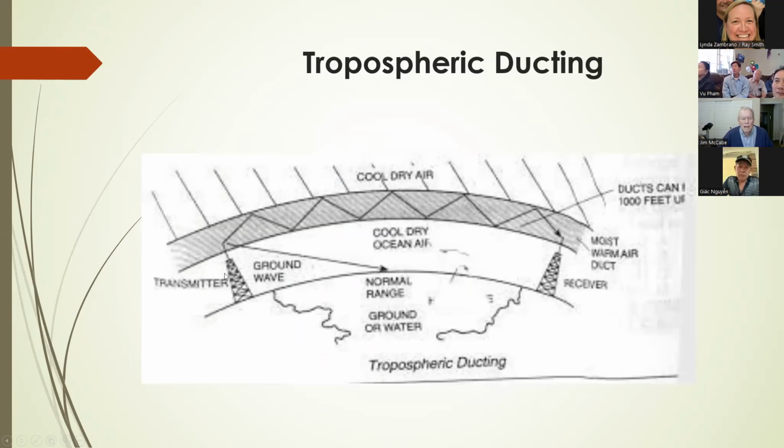But if the signal gets into this duct of warm air, it sort of funnels its way over to the receiver here, and you can hear it. It's generally up to about 300 miles range, I think, with the ducting. Whereas normally, if it's UHF or VHF, you're not going to get more than 20, 30, 40 miles.